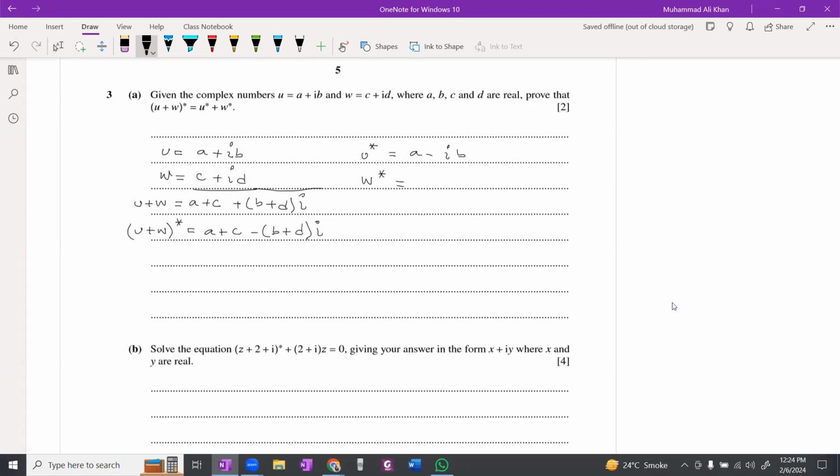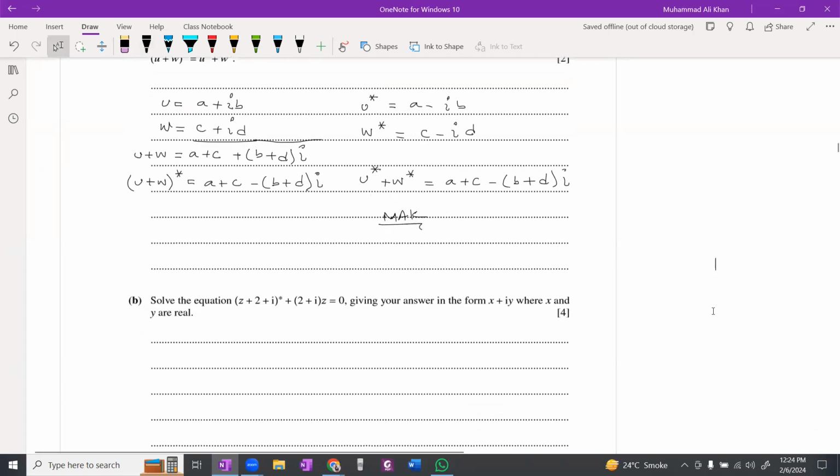W conjugate is c minus iota d. Add both of them, u conjugate plus w conjugate. So it will be a plus c, minus common, it will be b plus d iota. Both are equal, proved. We have to prove that u plus w whole conjugate equals u conjugate plus w conjugate. This is for 2 marks.